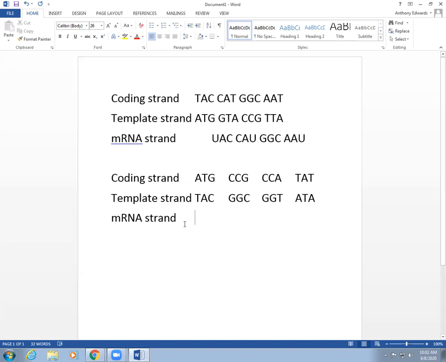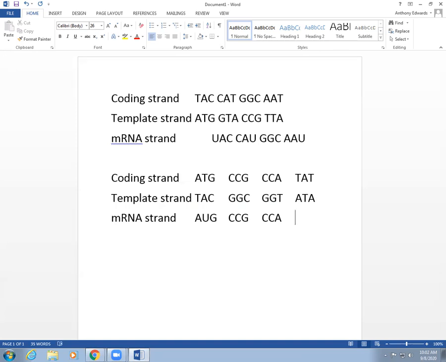All right. Let's go to the mRNA strand for transcription. Let's see. Danielle. AUG. Okay. Let's see. McKenna. Okay. Robert. Correct. And let's see.